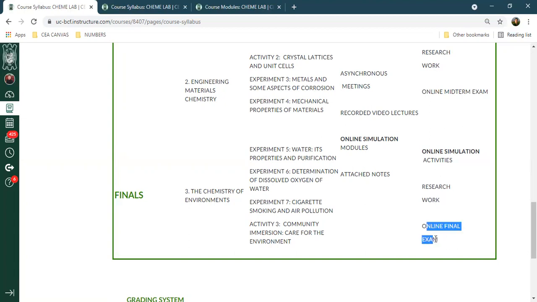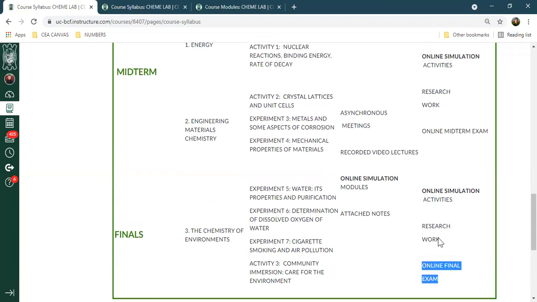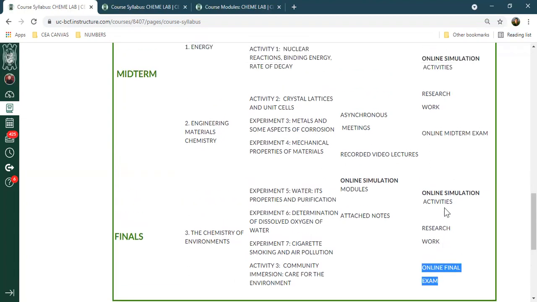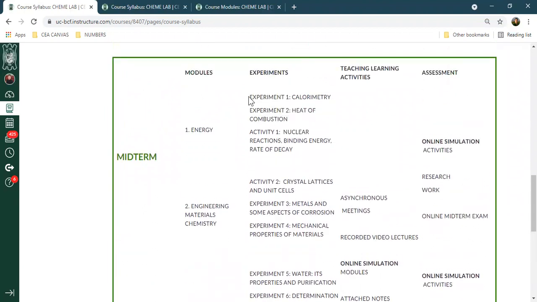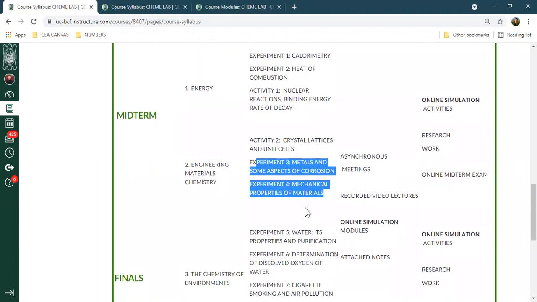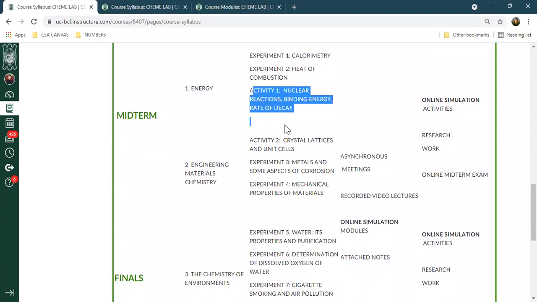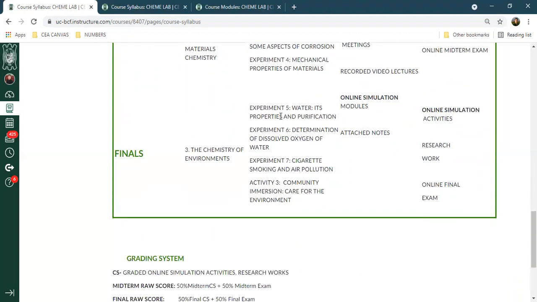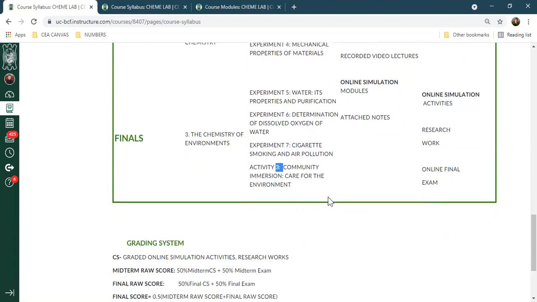Your online final exam is cover to cover, so the coverage starts from the calculations of experiments 1, 2, 3, and 4, calculations of activities 1 and 2, and objective parts of experiments 5, 6, 7, and the third activity.